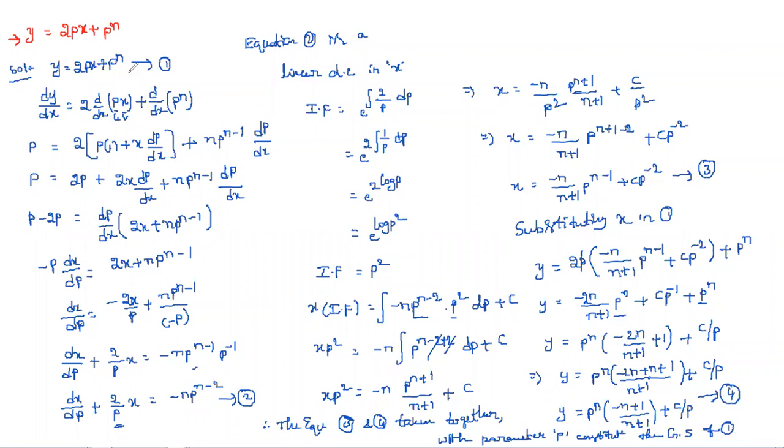So it means the general solution of equation 1 is nothing but, by taking x as well as y, we say that it is the general solution of equation 1.